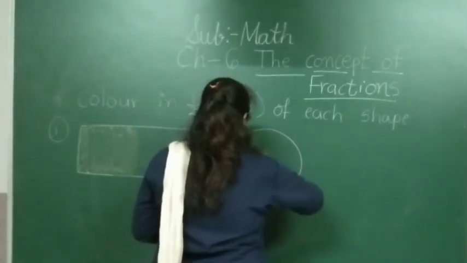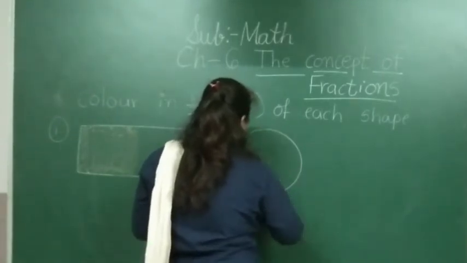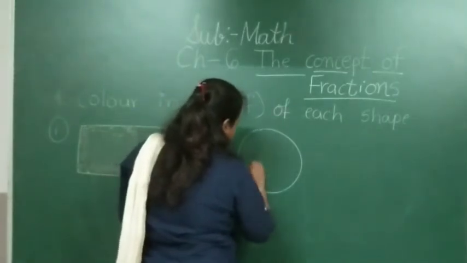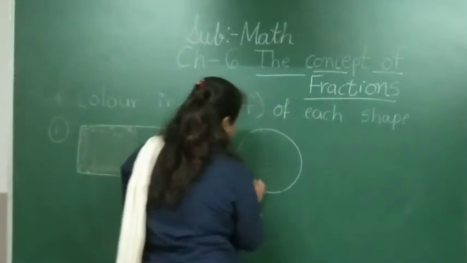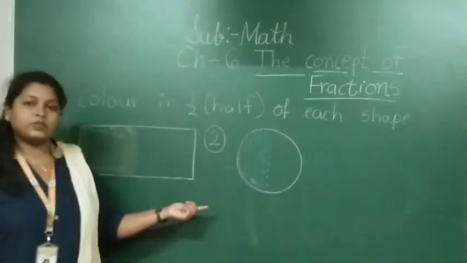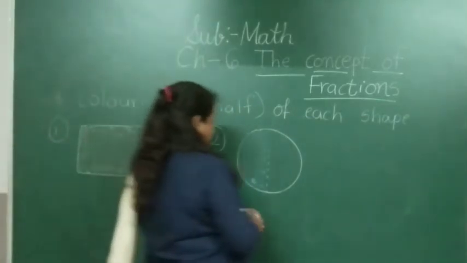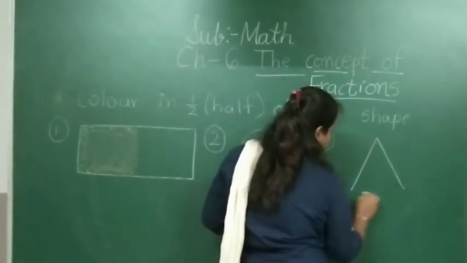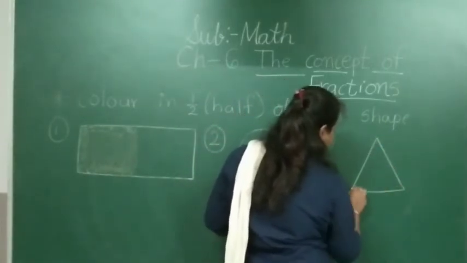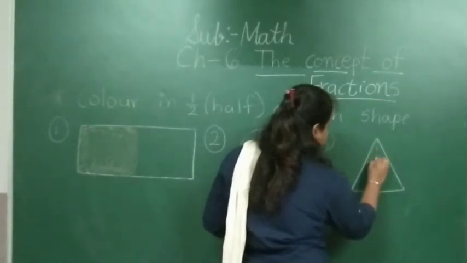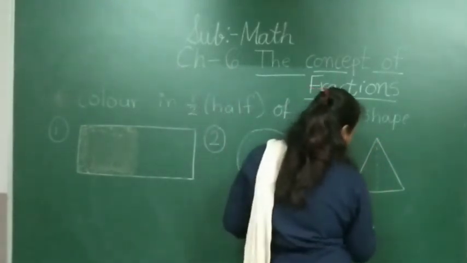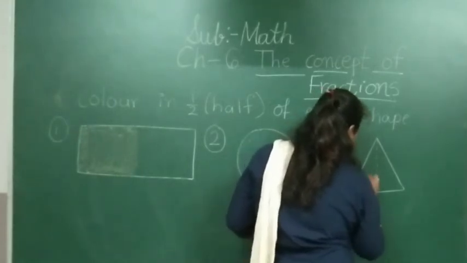You can use any color if you want. So now you can see the difference between this. The third shape given to you is a triangle. यहाँ पे मैंने आपको तीसरा शेप दिया, that is a triangle. So you can color the half part.